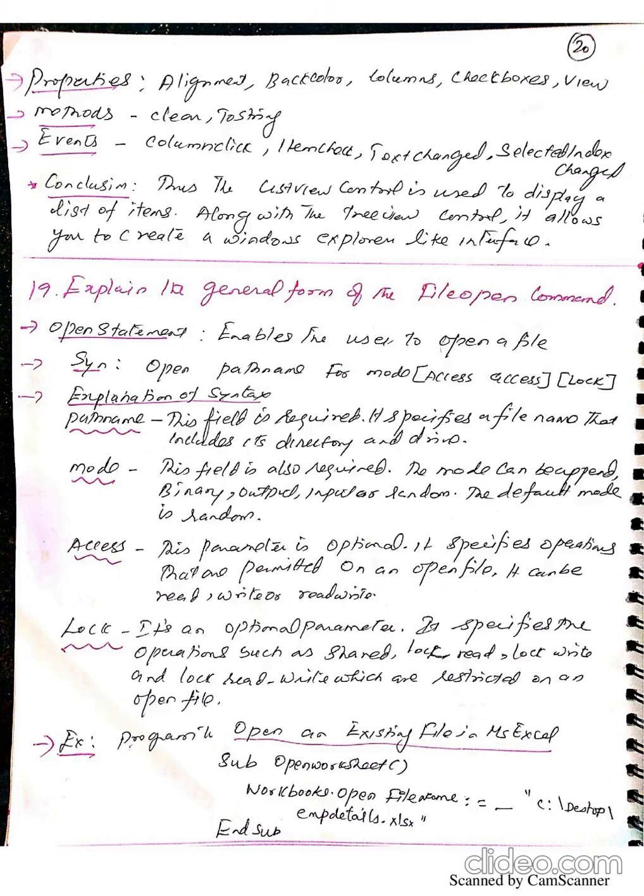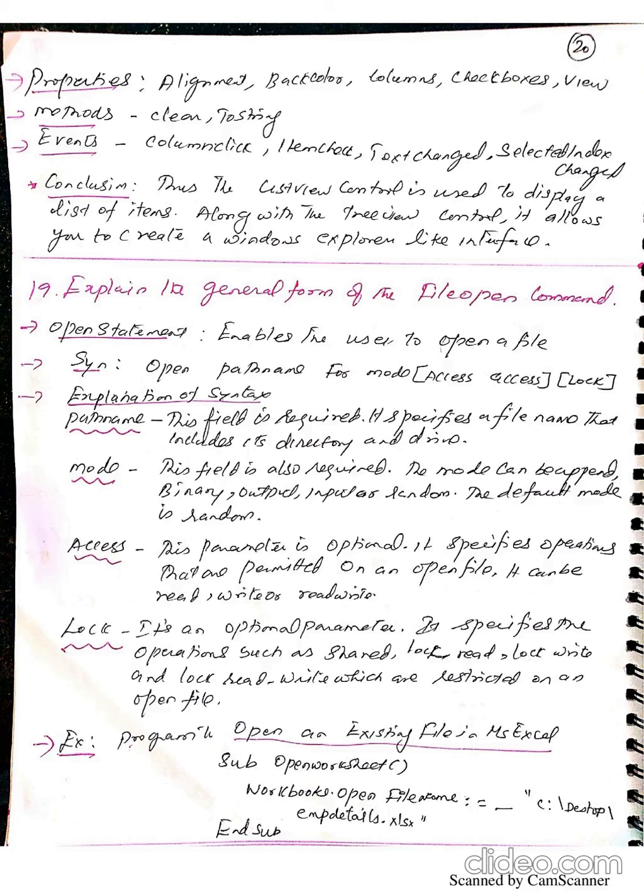Icon specifies the icon of the window. MousePointer sets the type of mouse pointer. Language specifies the localized language. Name is the actual name of the form. Top and Left set or return the coordinates of the form.